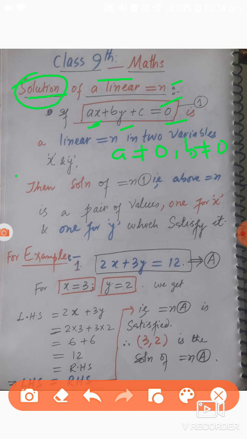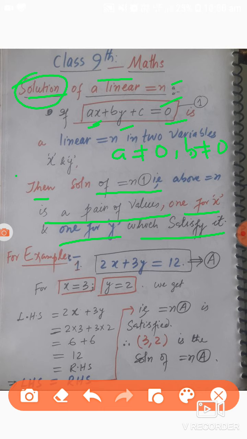Then the values of x and y will be called the solution of this equation. So the solution of this equation is a pair of values, one for x and one for y, which satisfy this equation.